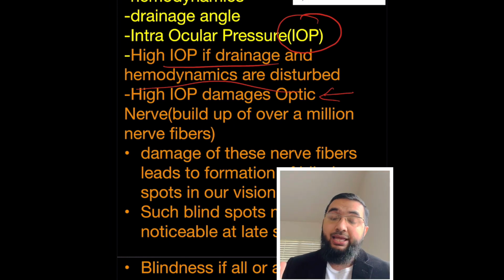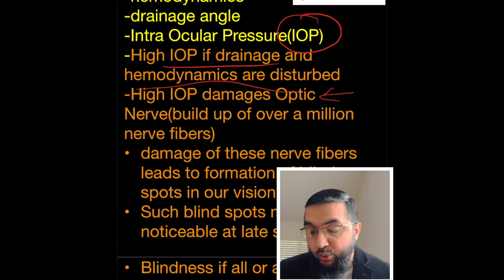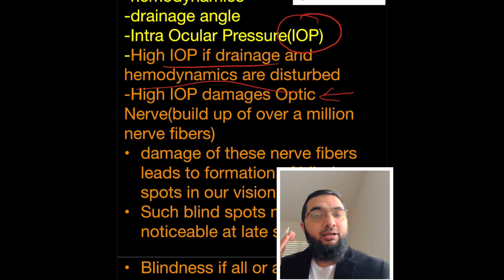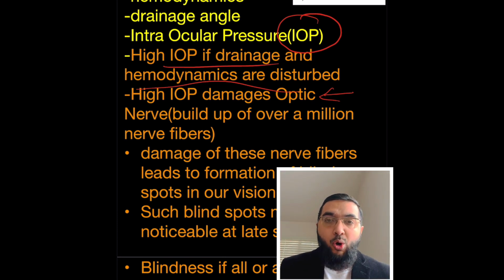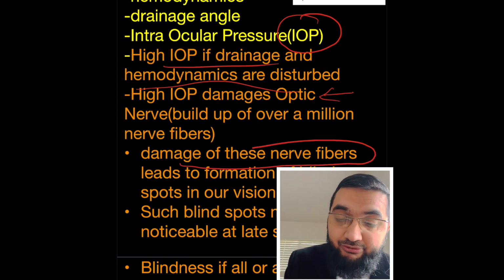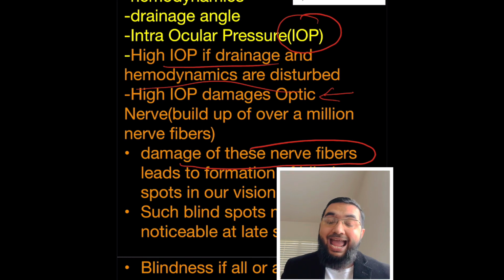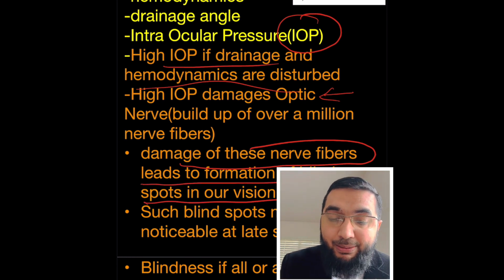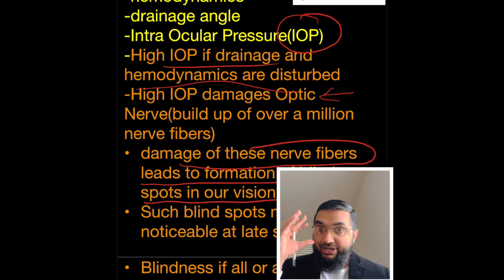And that's why keeping a normal pressure in your eye is extremely important. And that's what we try to treat in glaucoma. We try to treat the pressure inside the eye so that your optic nerve damage is stopped from proceeding from that point on. And that's why we look at the optic nerve fiber layer, because damage of those optic nerve fibers leads to the formation of blind spots in your vision.